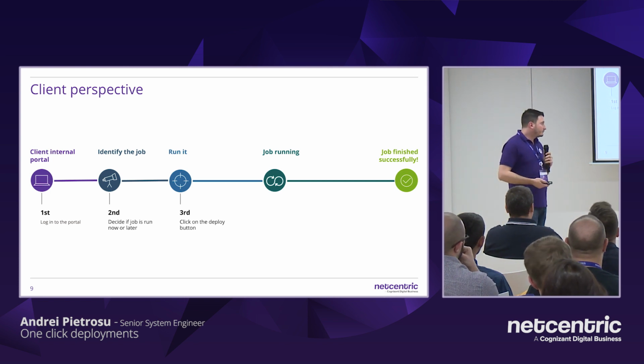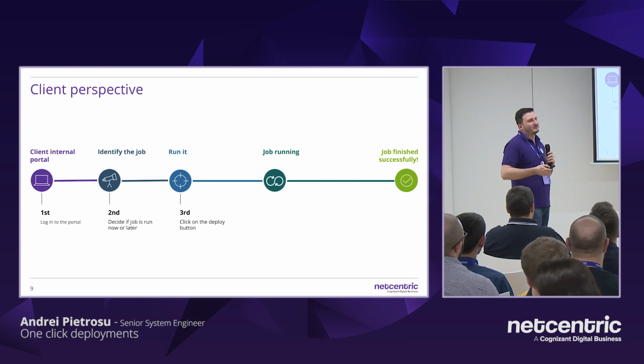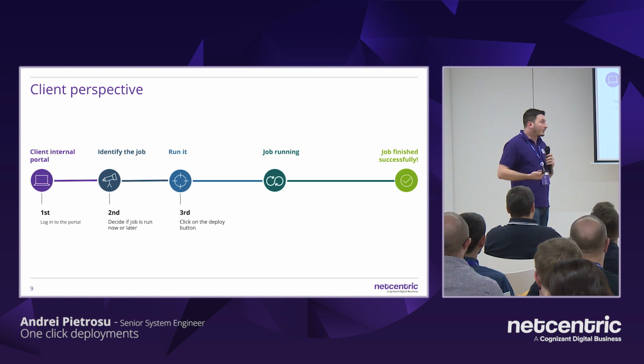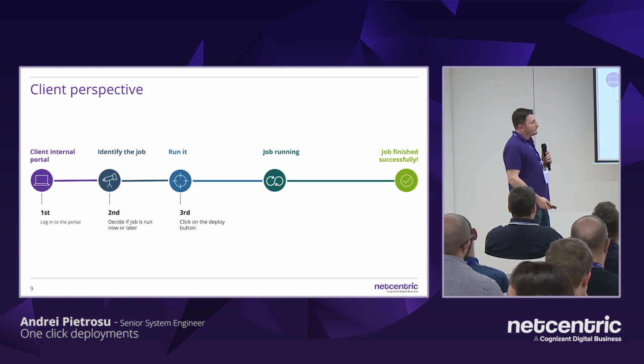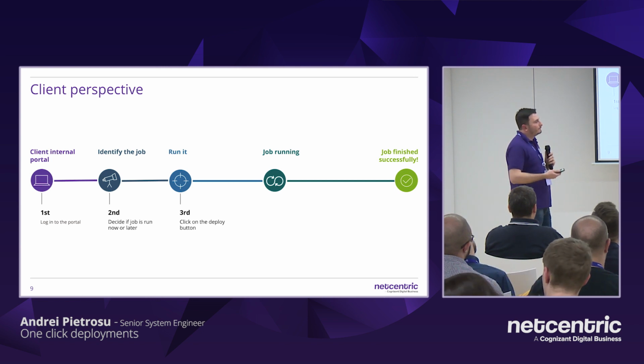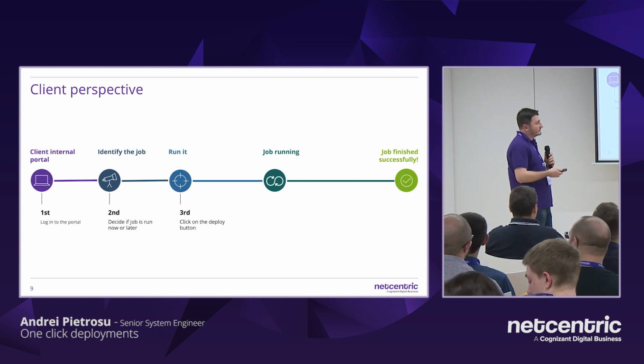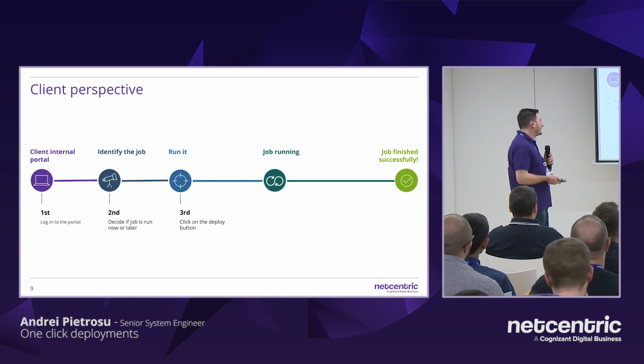Basically, this is pretty achievable if we start using some other solutions that we're not using today. We can adapt ours, but they're not necessarily thought about that. After that, he just needs to wait for the job, find out if it's successful or not. It should be successful, and that's it.